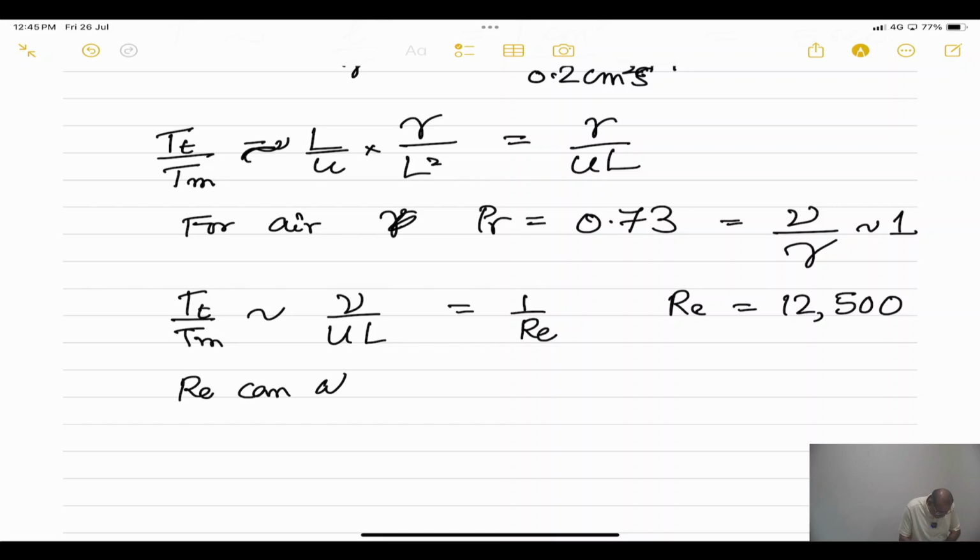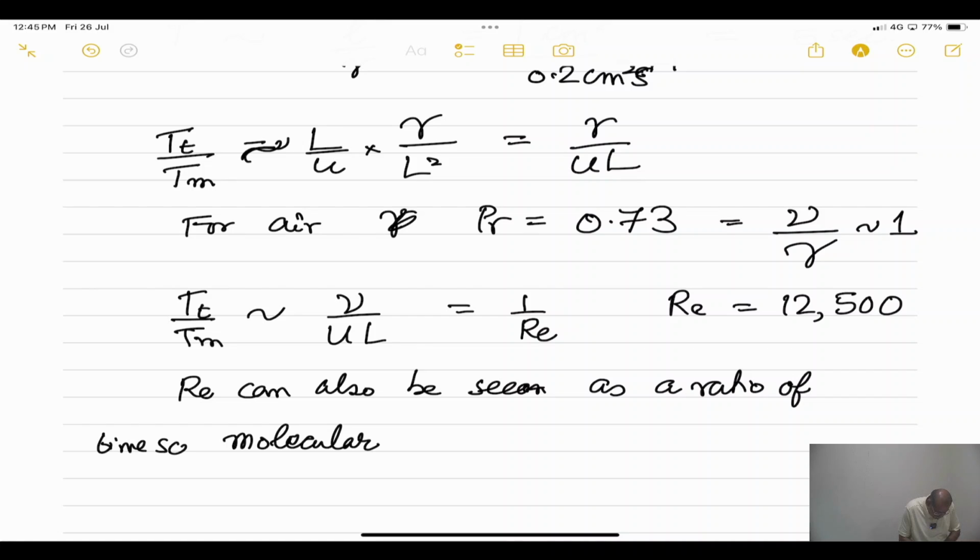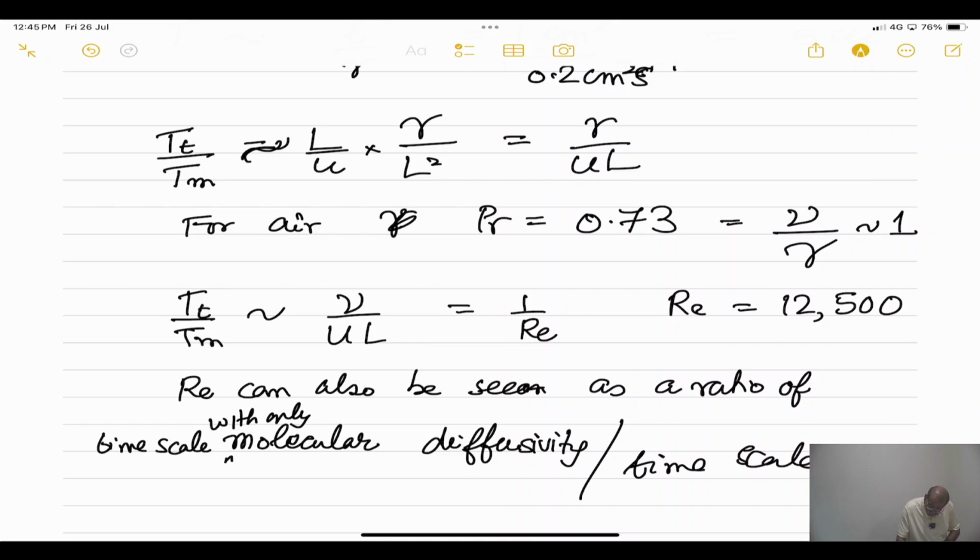be seen as a ratio of the time scale with only molecular diffusivity, no motion present, to the time scale with motion present, or with turbulent motion present.